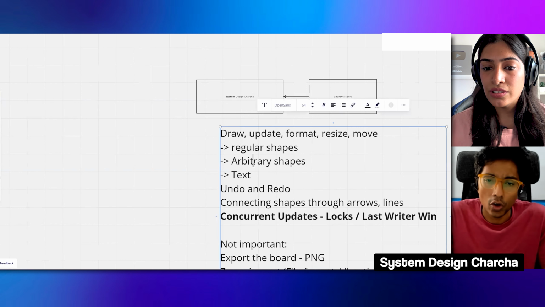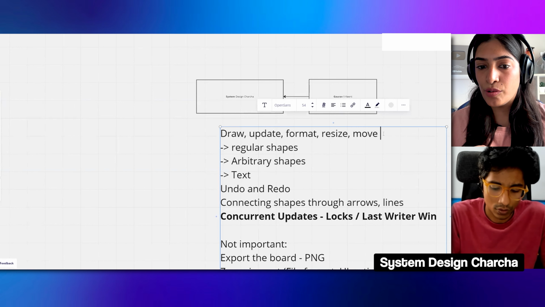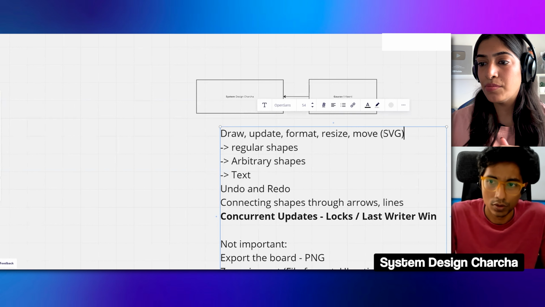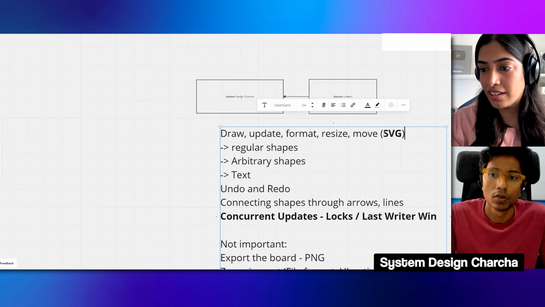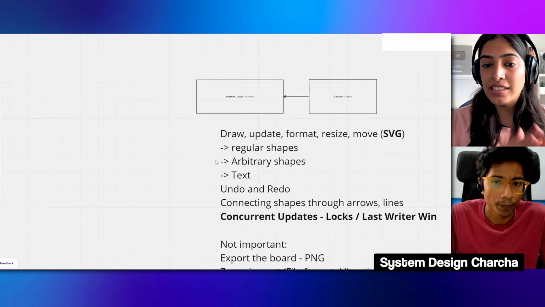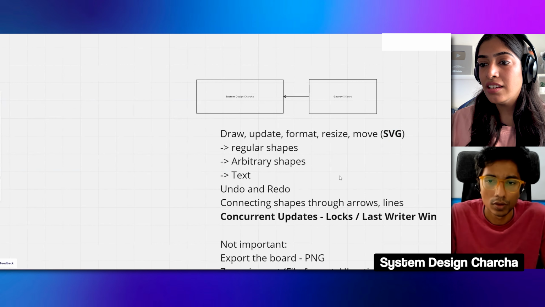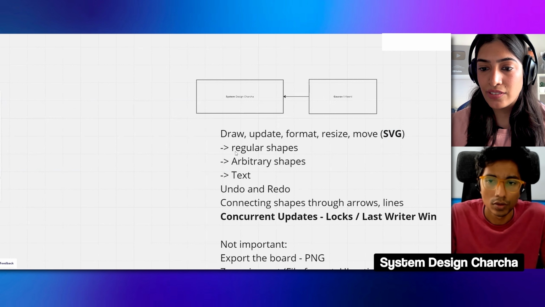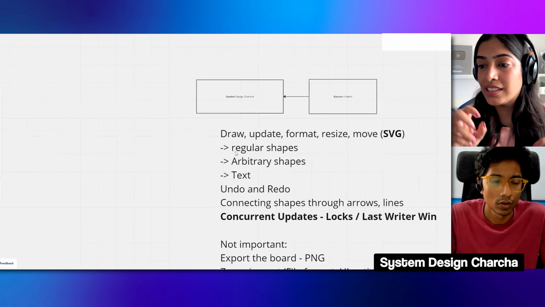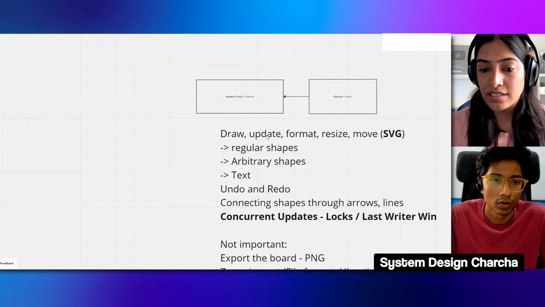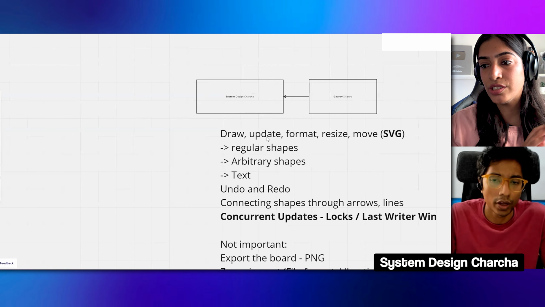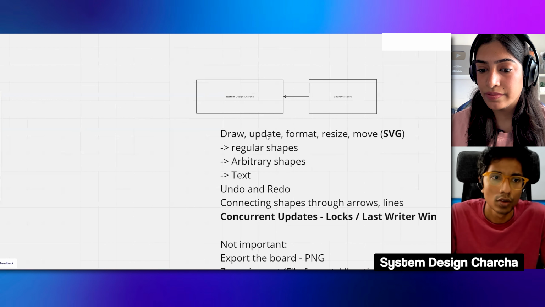Right. Okay. So SVG is basically a vector format. Internally it is mathematical equations, and it is based on XML. Canvas is more associated with JavaScript, and it is majorly used when you have to do animations, so not so much for this whiteboard.